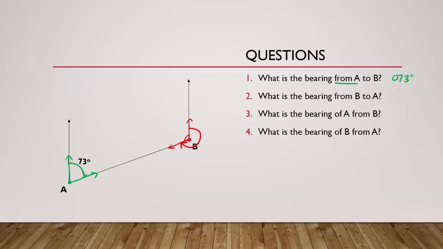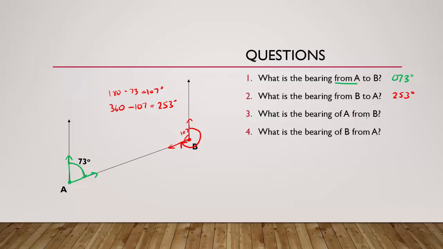So if that's 73, then this angle here, because they are co-interior angles, it will be 180 minus 73, which is 107 degrees. So this is 107, therefore the big angle on the outside, the big reflex angle, is 360 take away 107, which is 253 degrees.